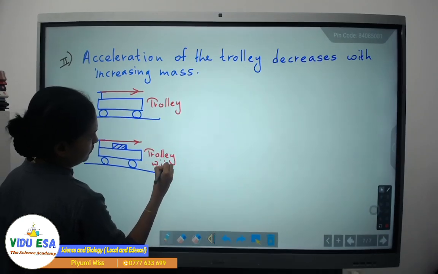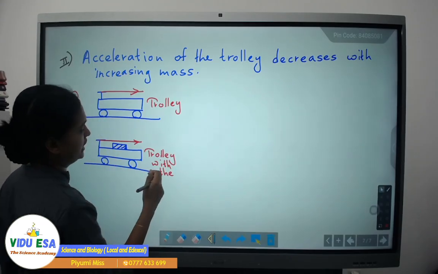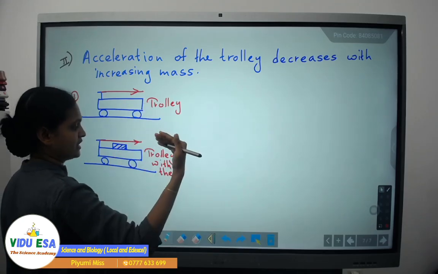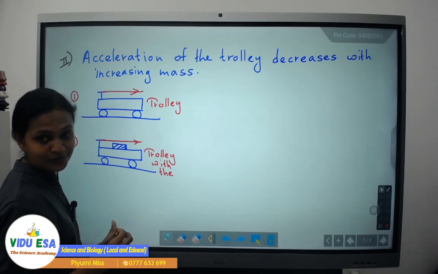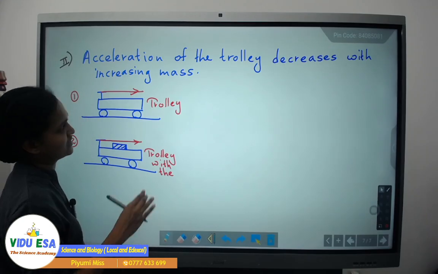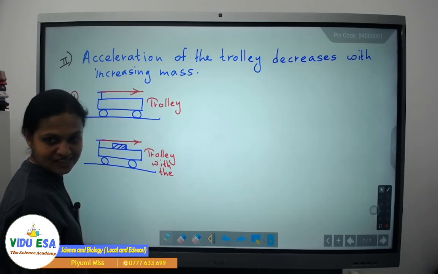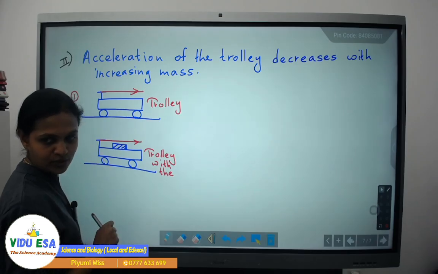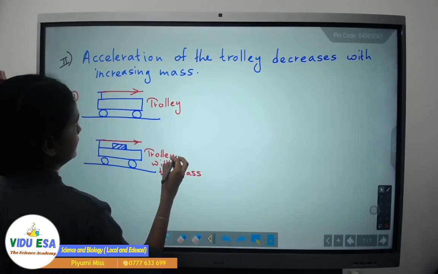Now we need to apply the same force and show that the acceleration reduces with increasing mass. How do we prove that we have applied the same force? We are extending the rubber band up to its length in both instances. So we know it is the same force that we gave, with the mass.